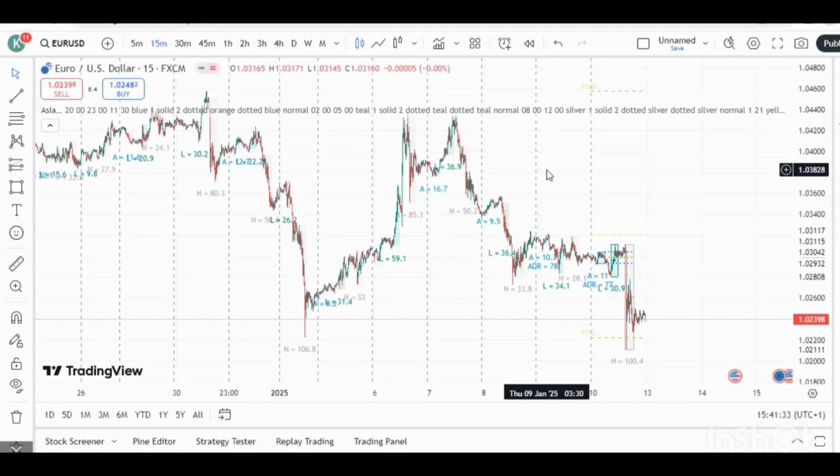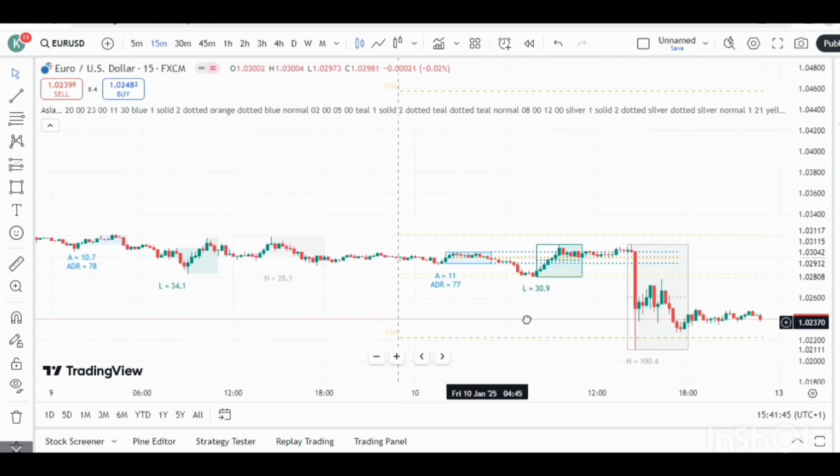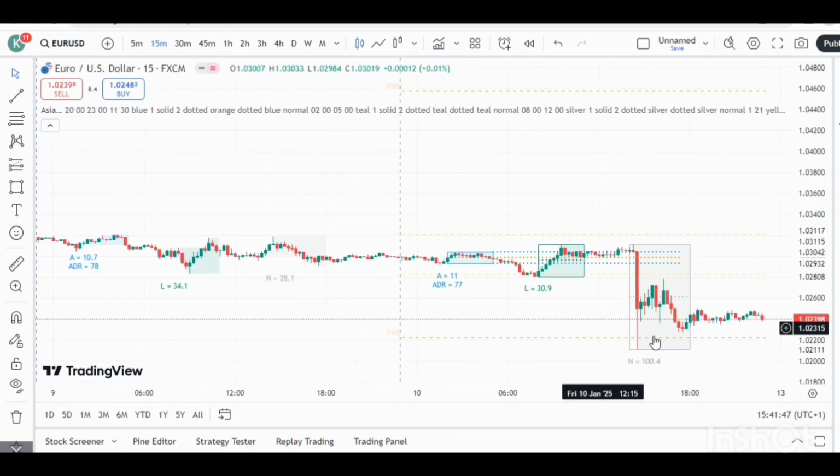Sorry guys, bear with me, the network was a bit slow. So this is the beginning of our week. Let me zoom out first. So this was Friday. This is NFP, you can see the big candle. So this is our Asian session.